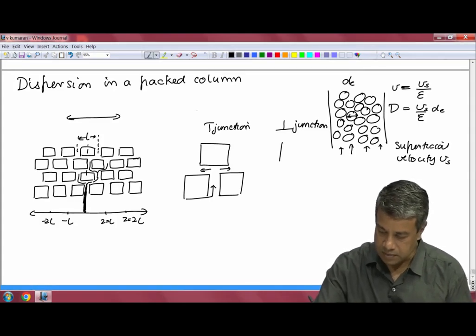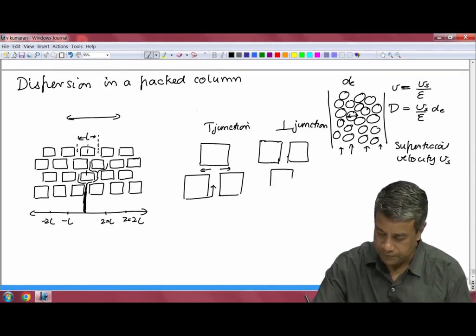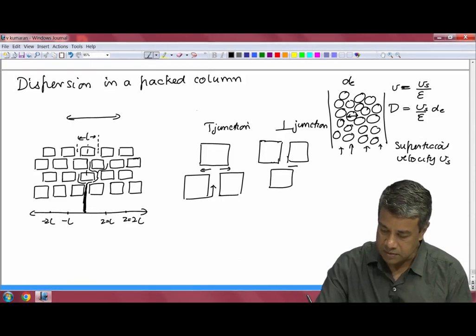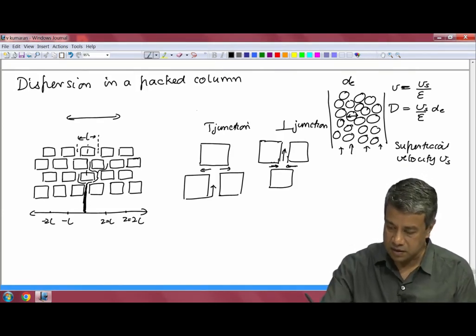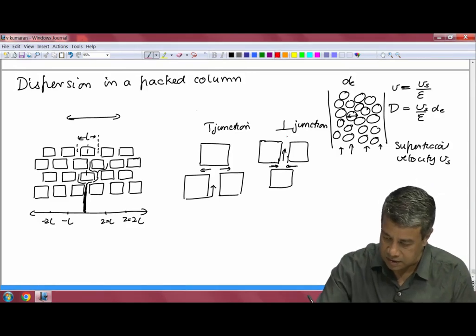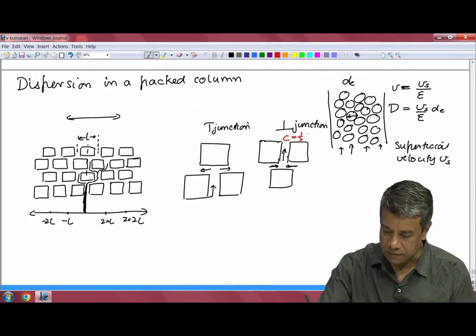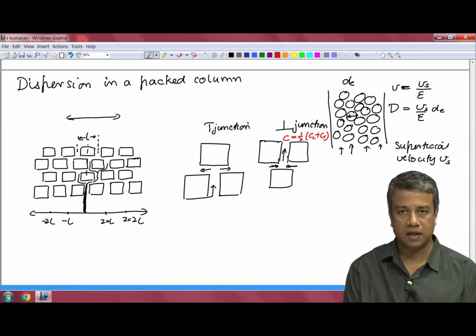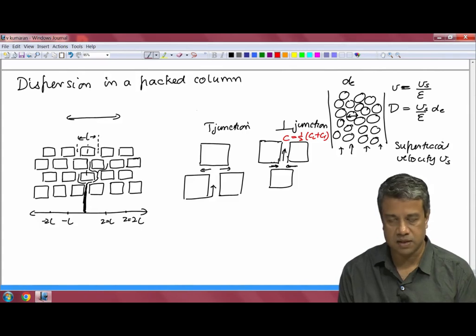So, I will have two streams that are merging together at this junction, and then it goes upwards. The assumption here is that the concentration C here is equal to 1/2 of the concentration on the left plus the concentration on the right. So, those are simple rules.